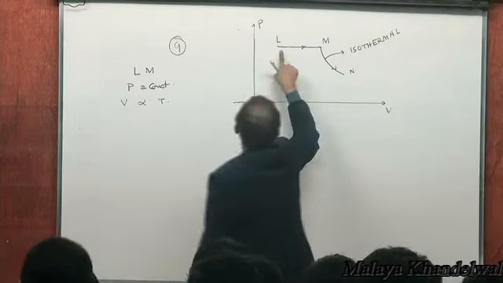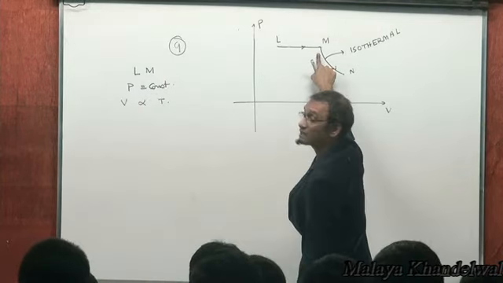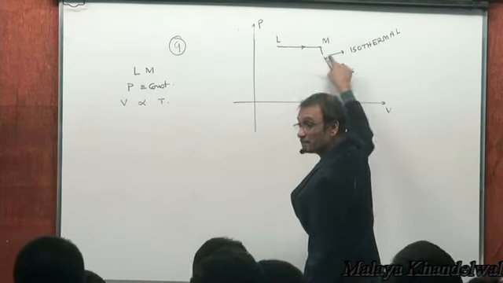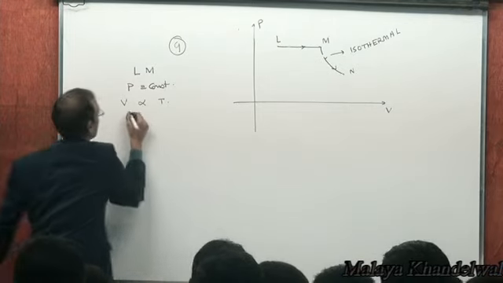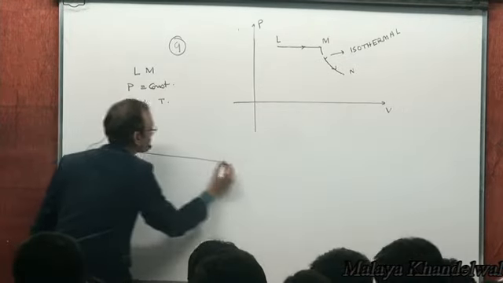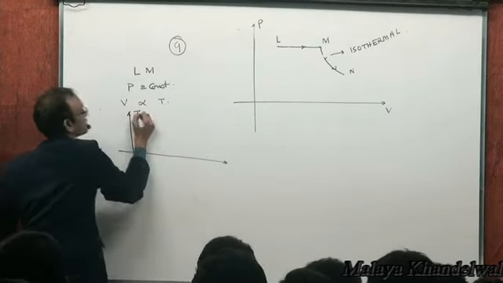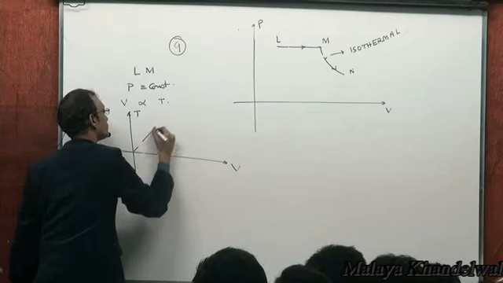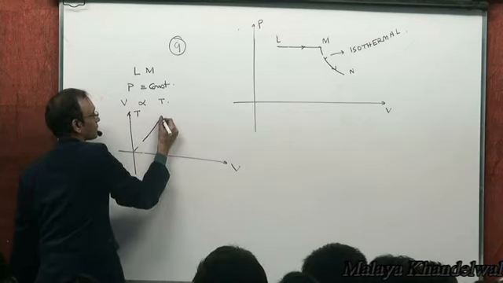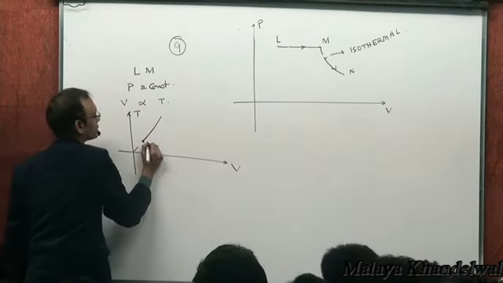If volume is increasing, temperature will increase. So from L to M, T versus V is a straight line like this.